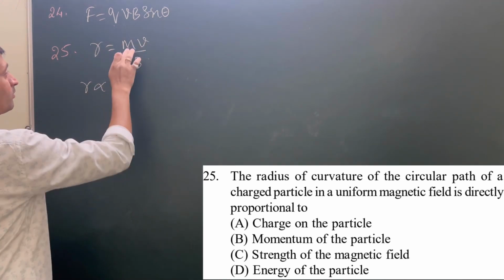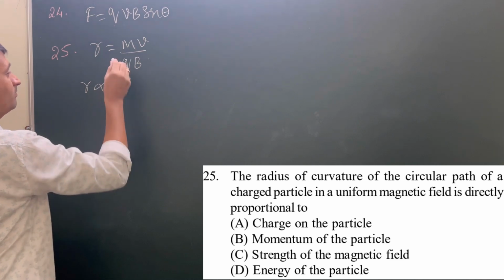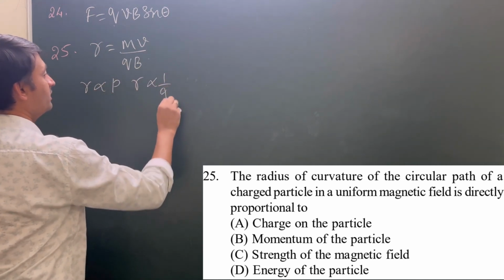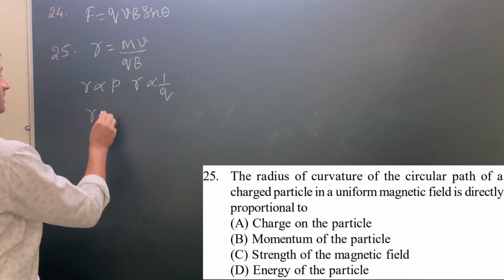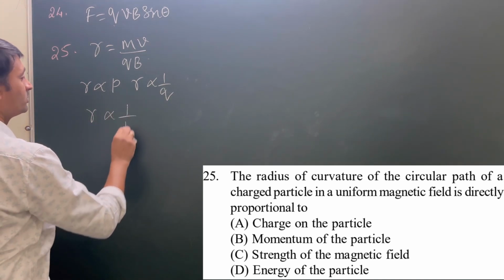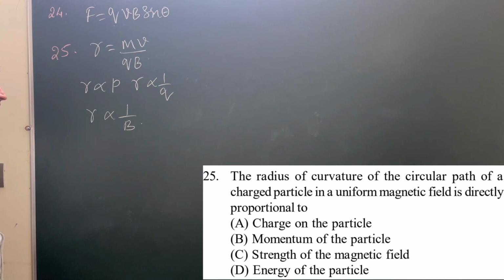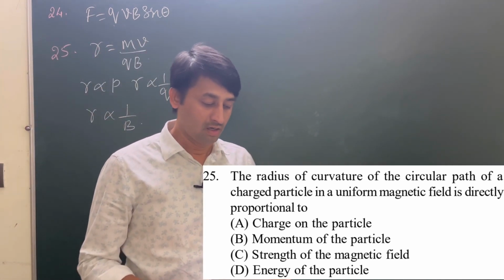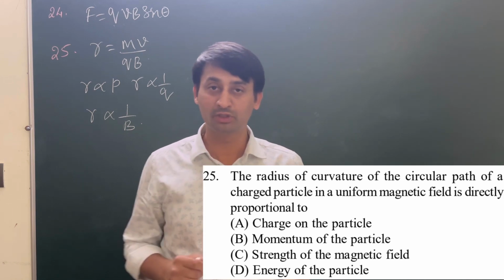M into v is the product of mass and velocity, which is the momentum p. Radius is inversely proportional to the charge of the particle and inversely proportional to the strength of the magnetic field. In this case they have asked directly proportional to.